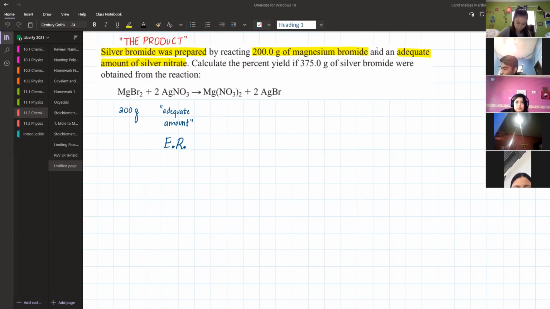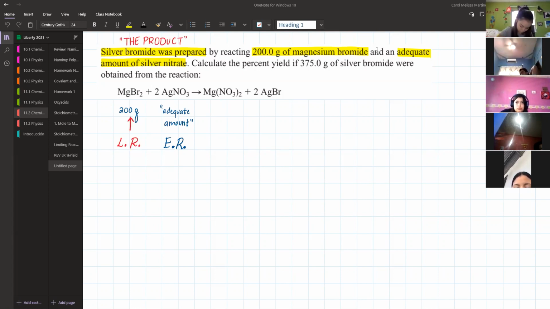If silver nitrate is the excess reactant, which one is the limiting reactant? Magnesium bromide. You have only 2 reactants, one is in excess, so the remaining reactant is going to be the limiting reactant.